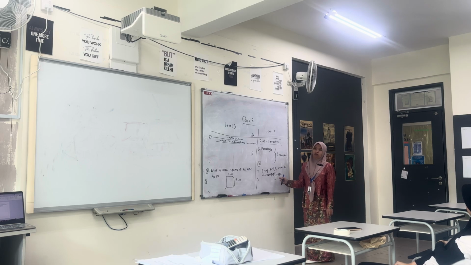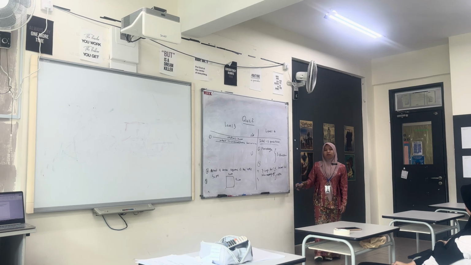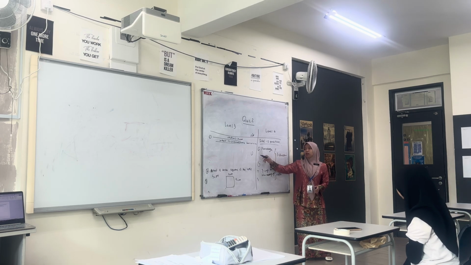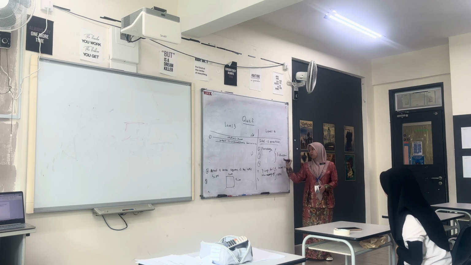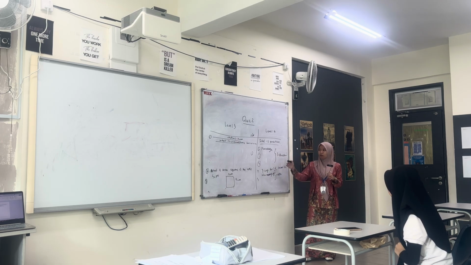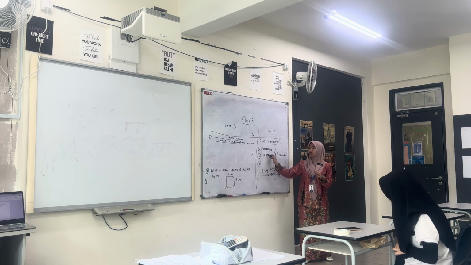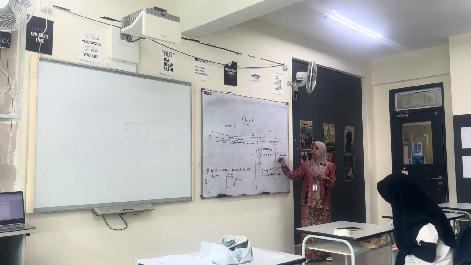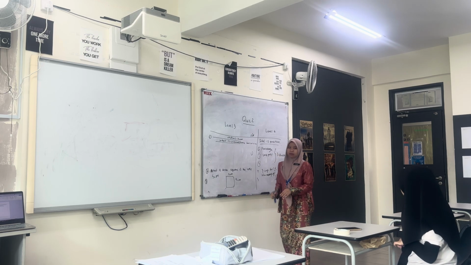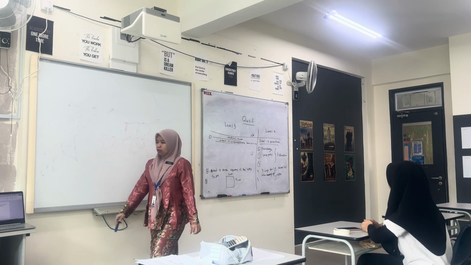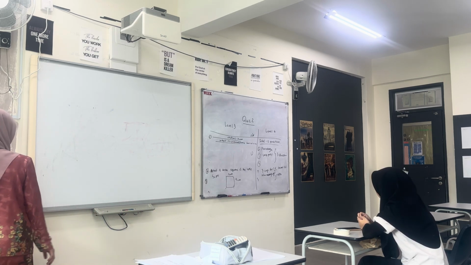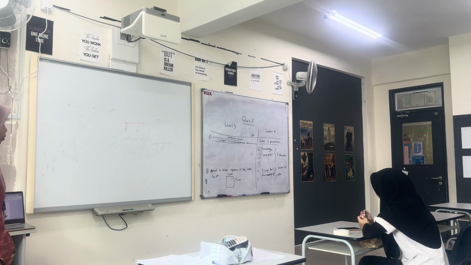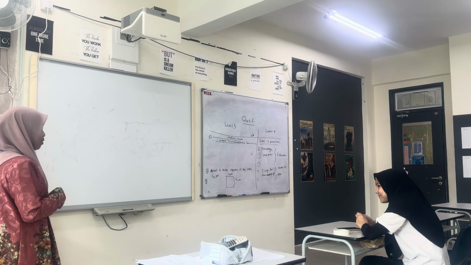Okay, 4 and 5 will be ratio. 1 until 3 are percentage, for example, sale price. Okay, instant. Don't need to snap it? No need.